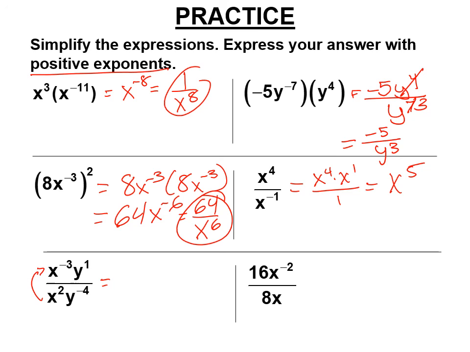Oh no, whoops, I almost flipped the positive exponent thing. Cubed comes down here. The y to the 4th goes up there. Yeah, this is y to the 5th over x to the 5th.